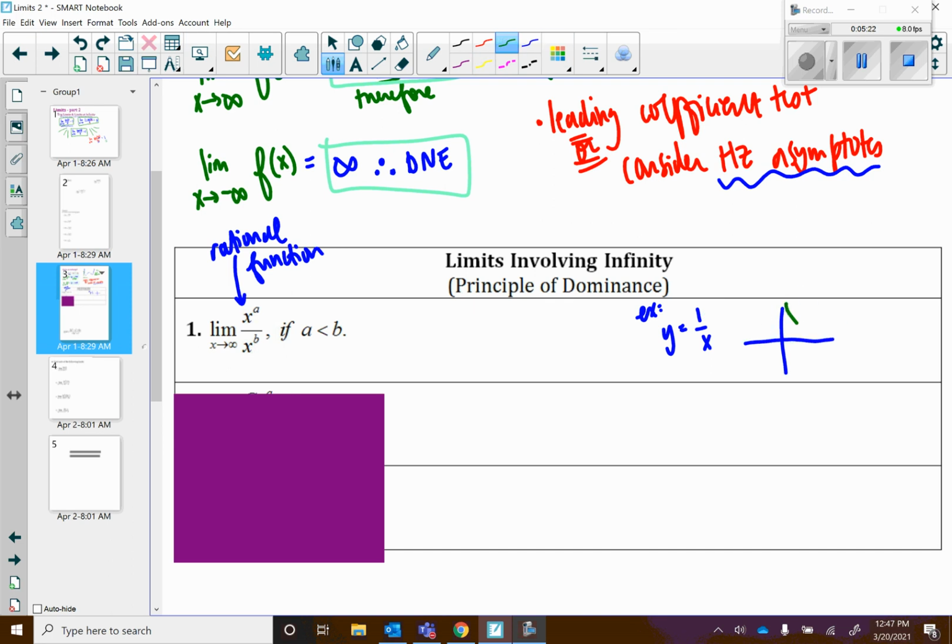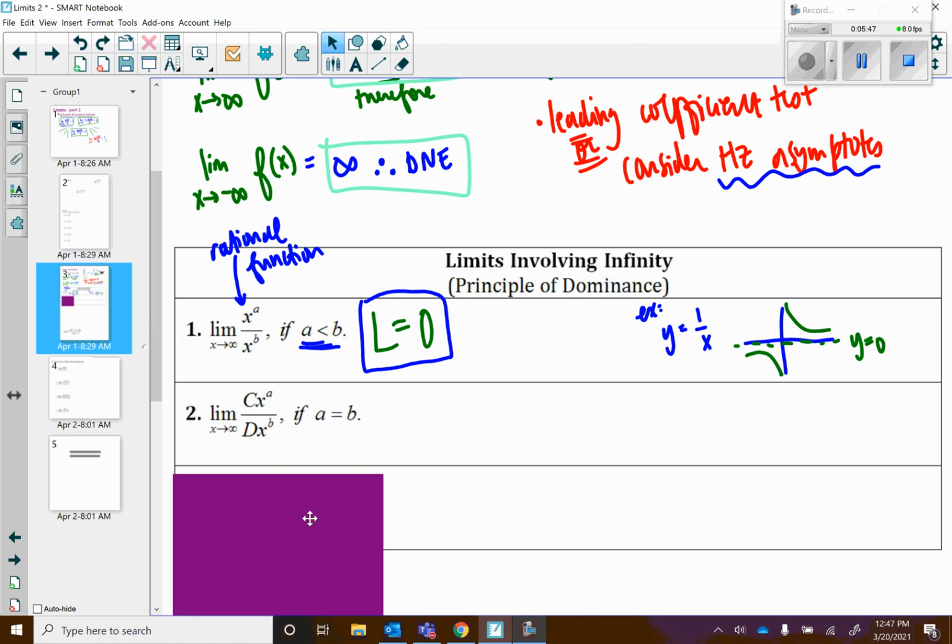Hopefully you remember. This is what this looks like, and we've got a horizontal asymptote at the line y equals 0. This is always going to be true, thus this limit will always be 0. If the numerator has a smaller degree than our denominator, the limit as x approaches infinity or negative infinity will be 0.